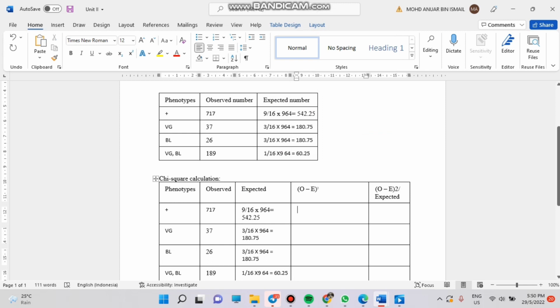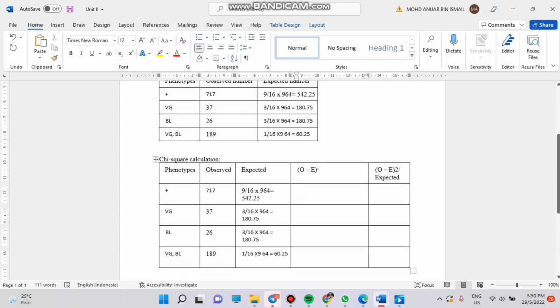For observed minus expected, first observed, that is 717 minus expected 542.25, power of 2, equals 30,537.5625.